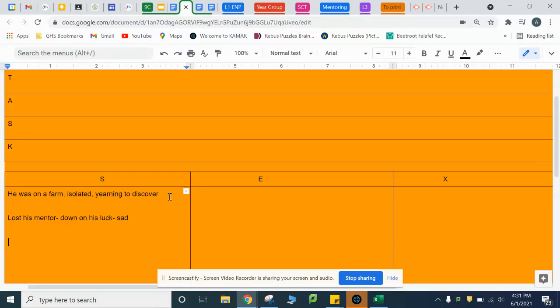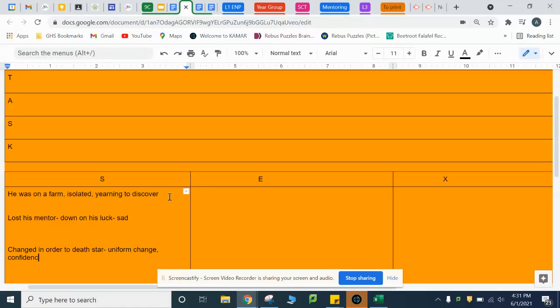And then the last one, I might look at how he changed in order to destroy the Death Star. Even his uniform changed, and he became a proper rebel with the Alliance there. He had that uniform change.